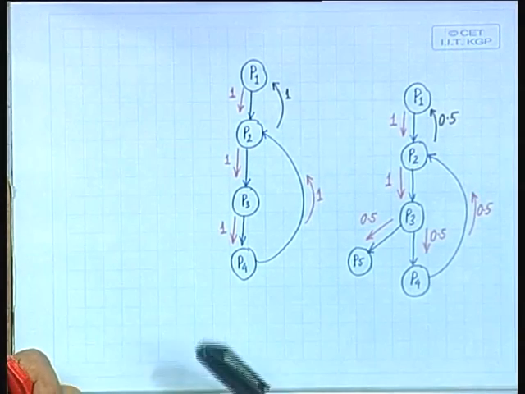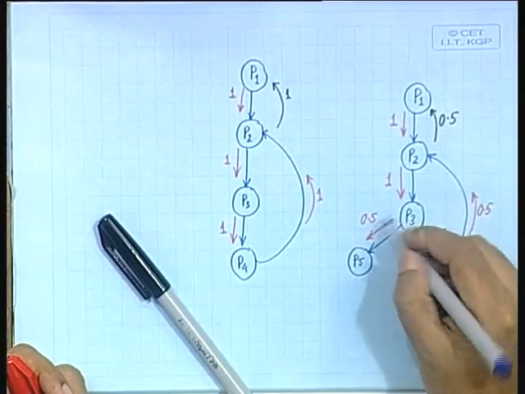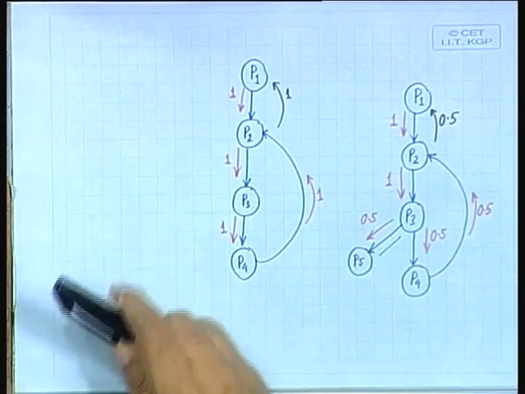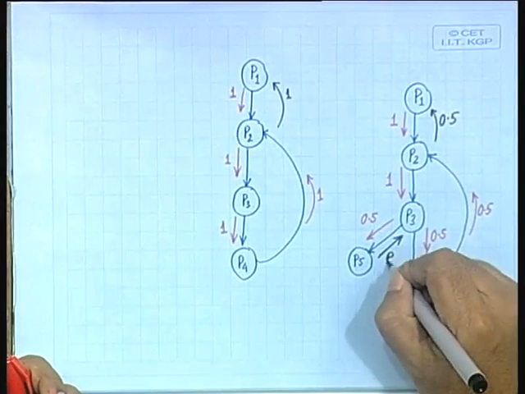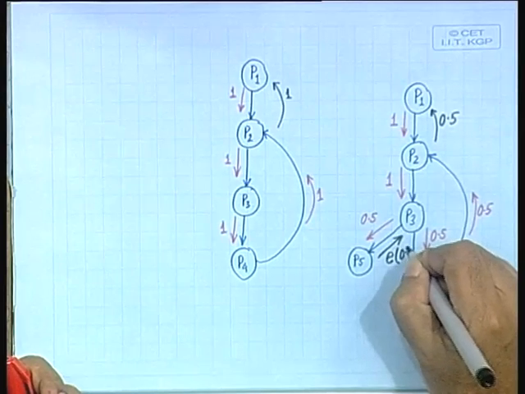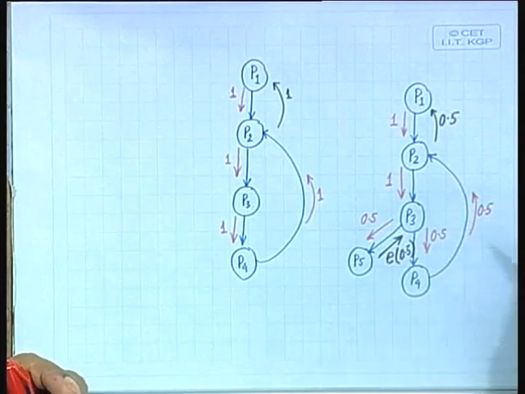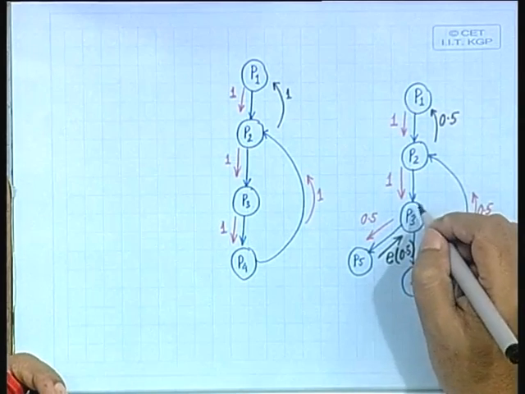It will echo, right? So when it echoes this, then, I wish I had another color. Anyway, this is echo of 0.5. What will P3 do when it gets this? It will reduce, right?